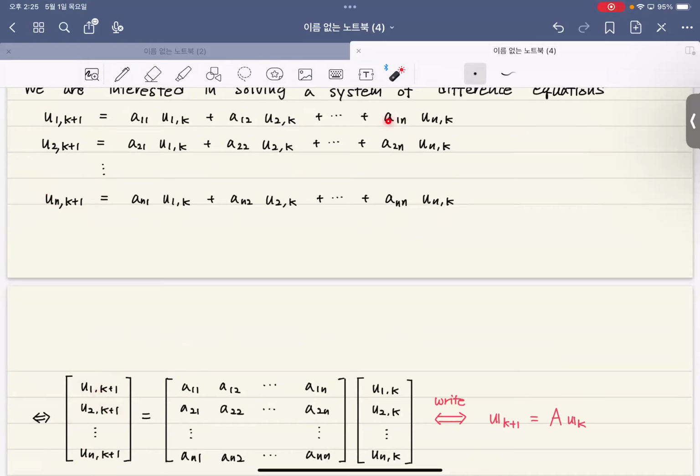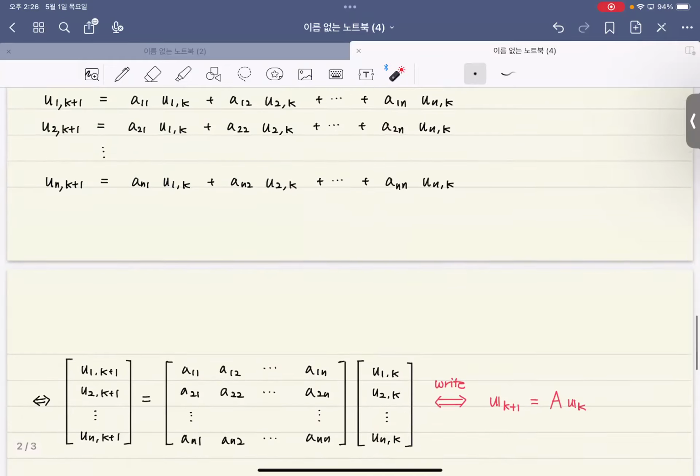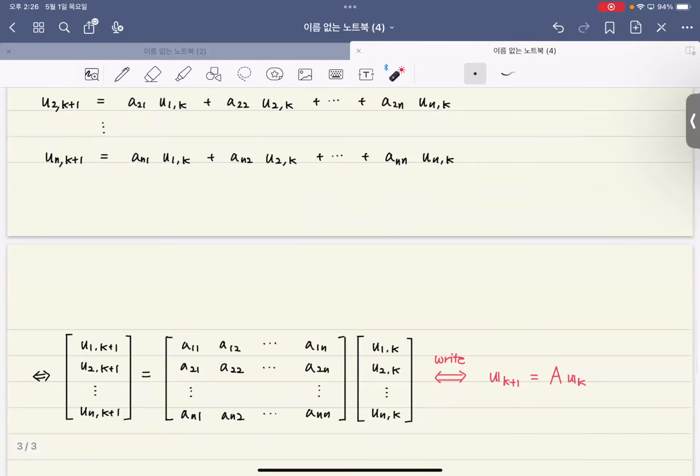They are all multiples of constants and the k-th terms. So why don't you write this as an n by n matrix times this column vector.